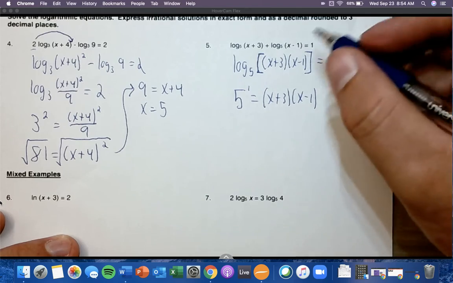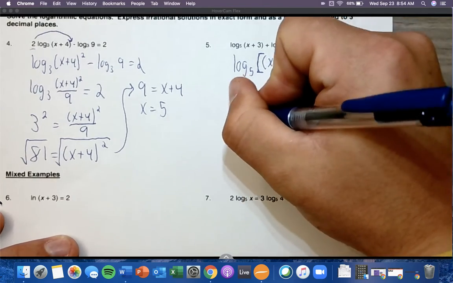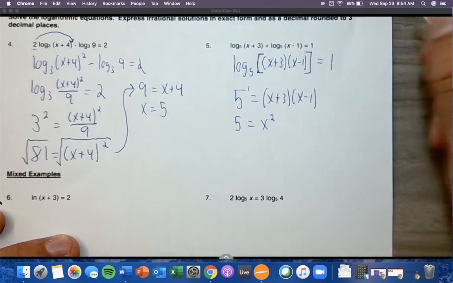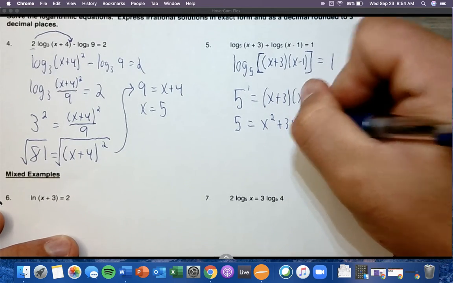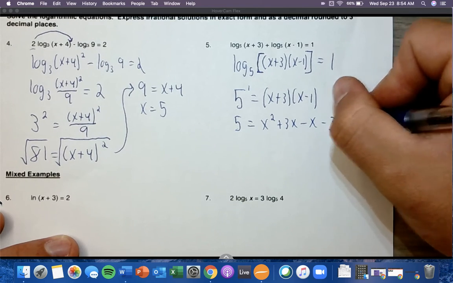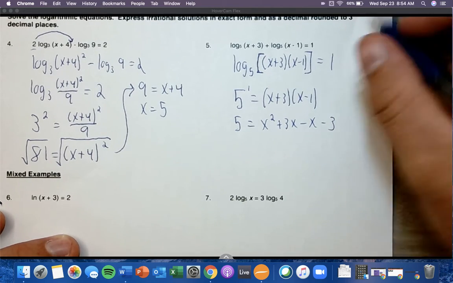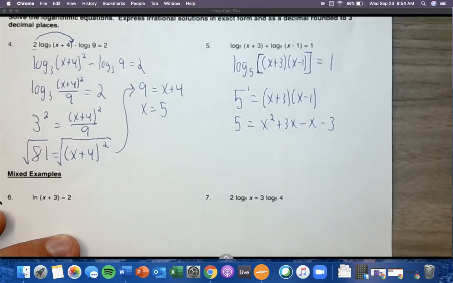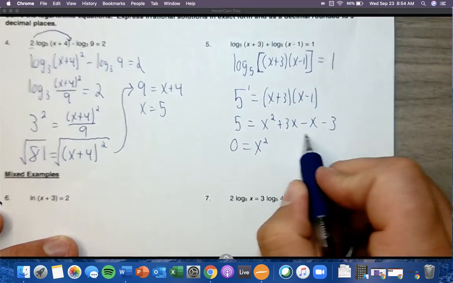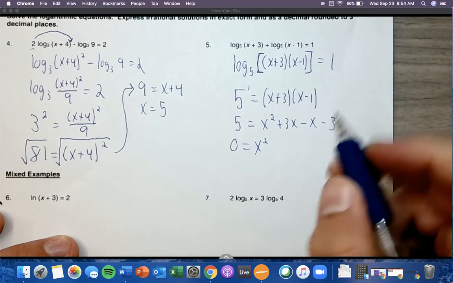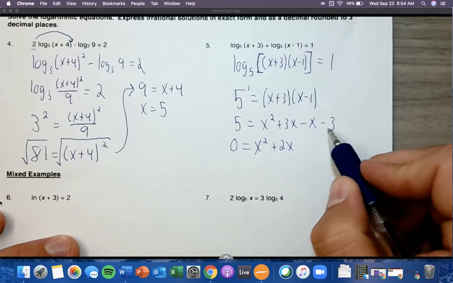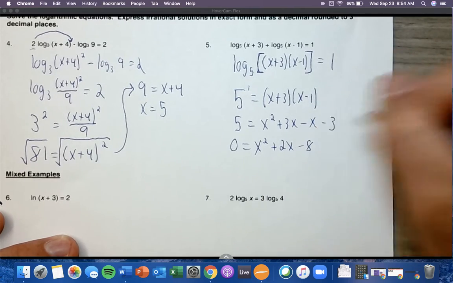Now what we can do is FOIL this out, because this is just 5 equals x squared plus 3x minus x minus 3. I can subtract this 5 over, and I get 0 equals x squared. I can combine these two together: 3x minus x is just 2x, and then negative 3 minus 5 is negative 8.